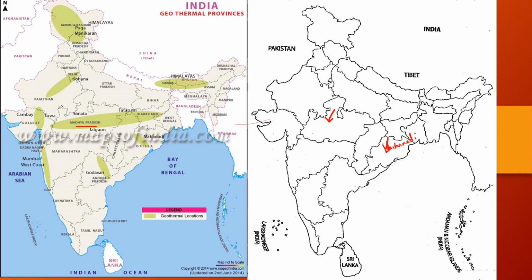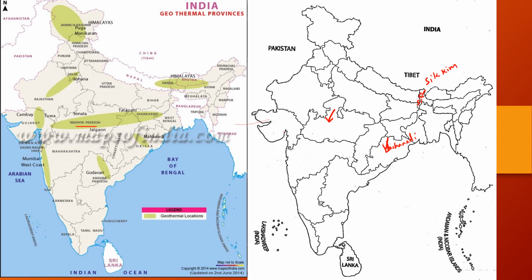And if you mark here, you can see this Himalayas region where they generate geothermal power, in the Sikkim and Bhutan region. If they mark here, you can write Sikkim. Clear.